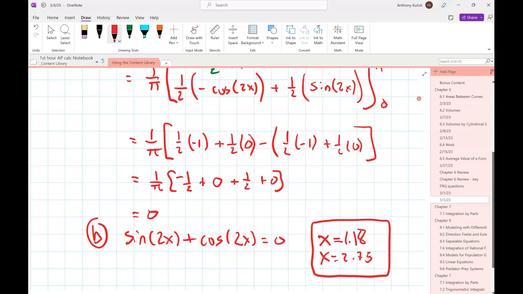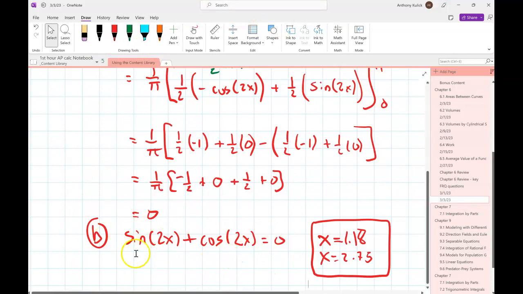Okay, fair enough. How would you do this algebraically, like solve for x? I would subtract sine 2x from both sides, divide both sides by cosine 2x to turn that into tan 2x equals 1, or negative tan 2x equals 1, so tan 2x equals negative 1, and then you could tan inverse both sides and go from there.